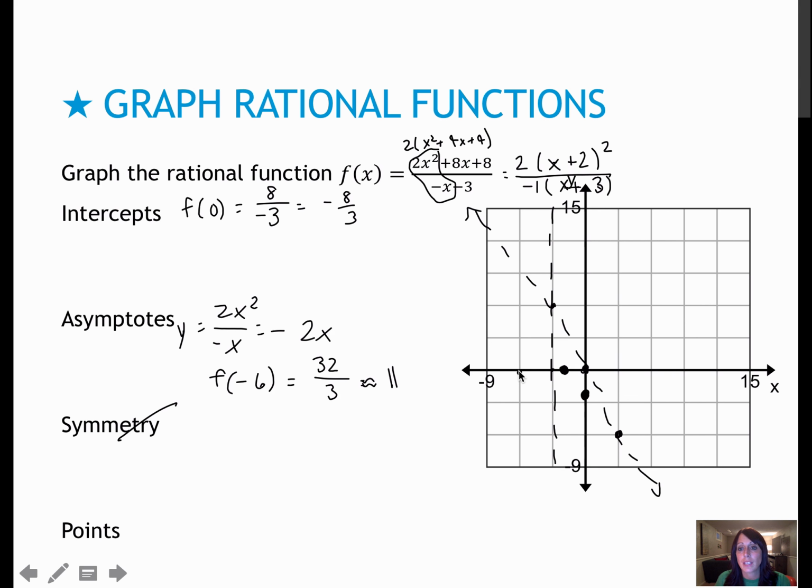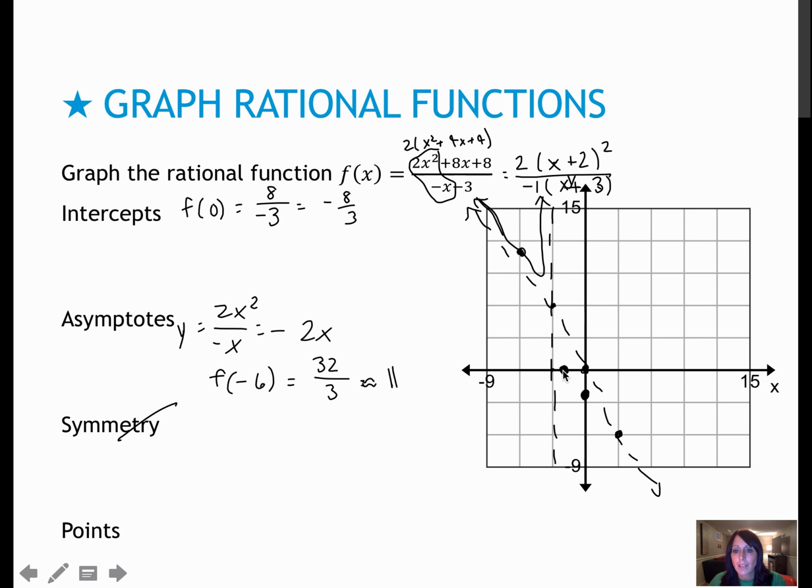So at negative 6, I'm close to 11, which is up in here, right about there. I'm pretty certain this is going to follow that asymptote, so it's going to look like this on that part of my function.